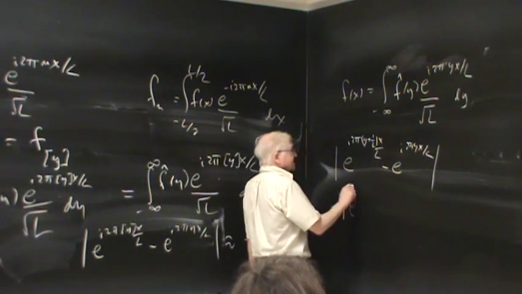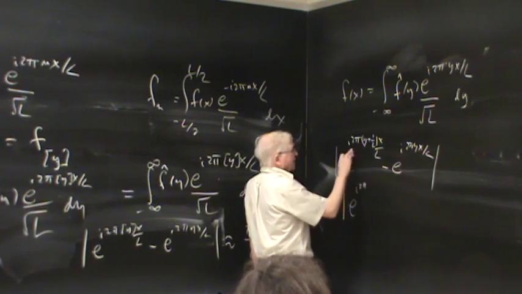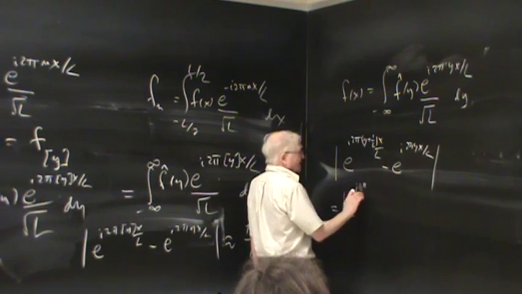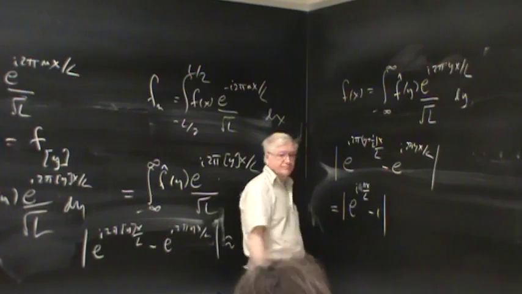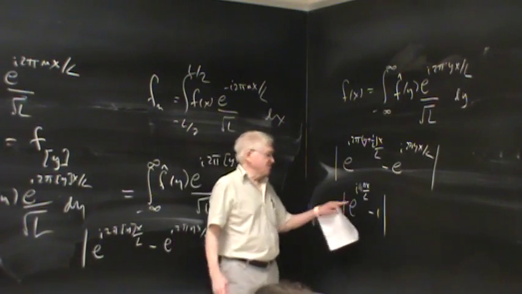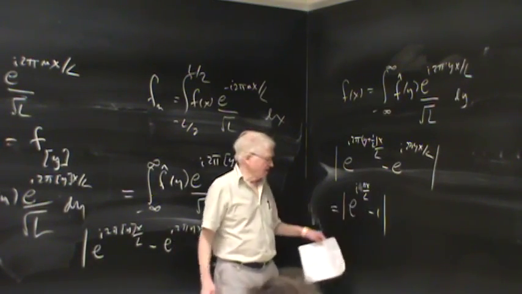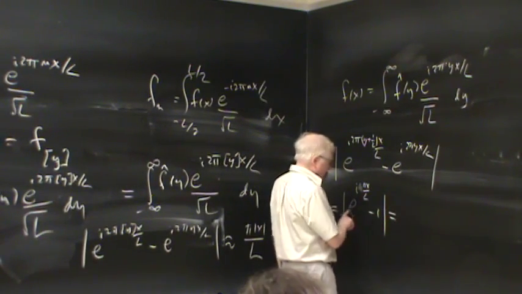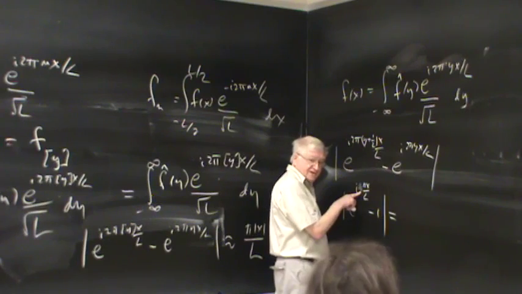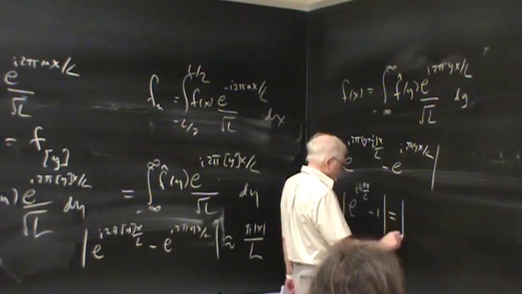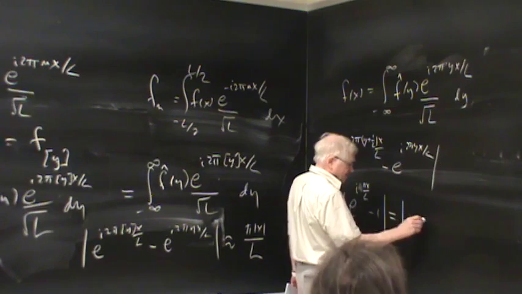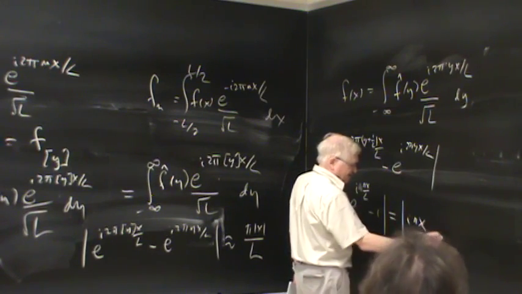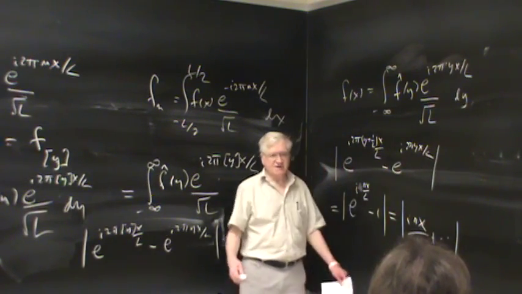So this is e to the i 2 pi, well, 2 pi divided by 2 is just pi, so e to the i pi x over L minus 1. Now we imagine that L is huge, so we do an expansion of e to the i times that. The first term is 1, the next term is that, and so this is i pi x over L plus higher terms. So that's it.